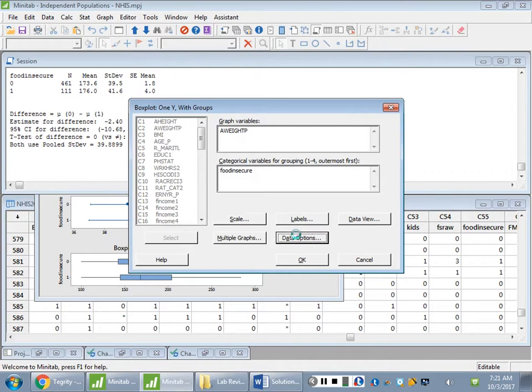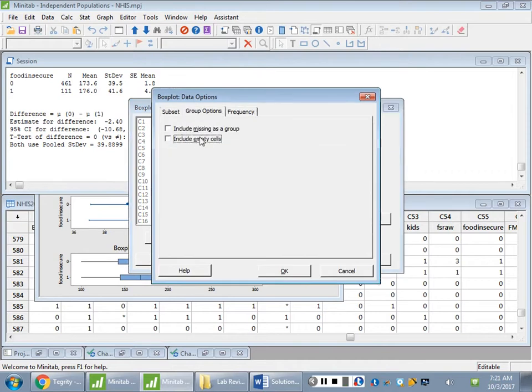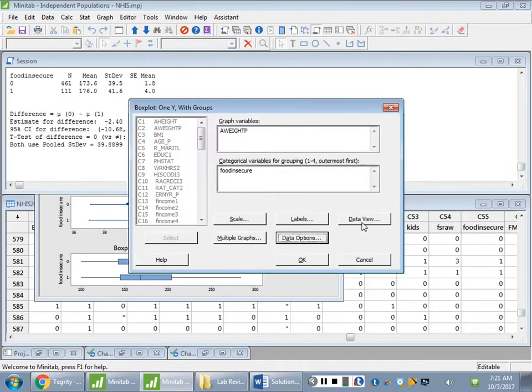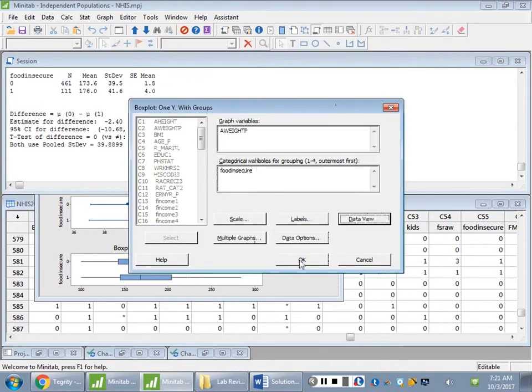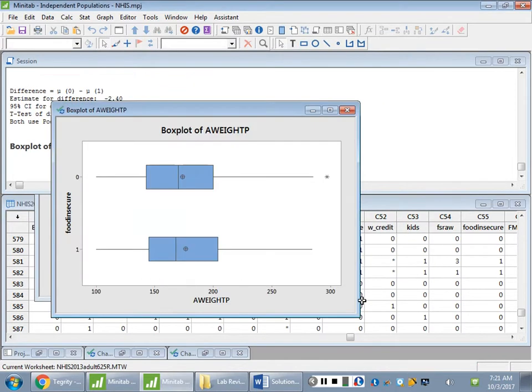I'm going to make sure I omit missing data. And I'm going to go to the data view button to add the mean symbol. Now if you look at this graph, you can see that the mean symbols are practically on top of each other. So there isn't a whole lot of difference here between them.